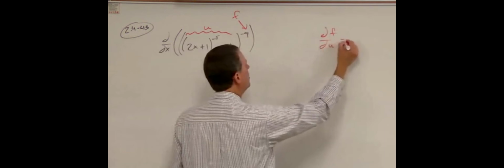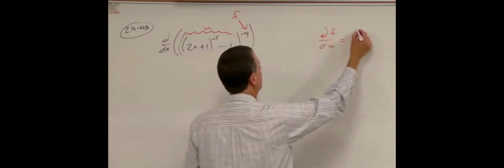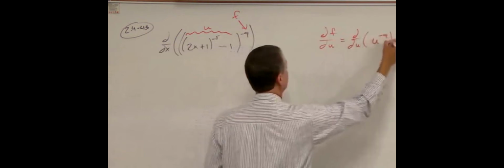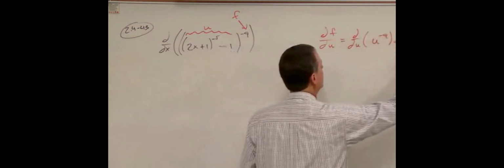We might have more after that. The derivative of f with respect to u is the derivative with respect to u of u to the negative 9, which is negative 9 u to the negative 10. And then I have to do the derivative of u with respect to x.